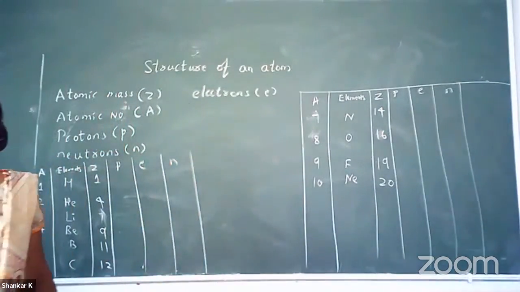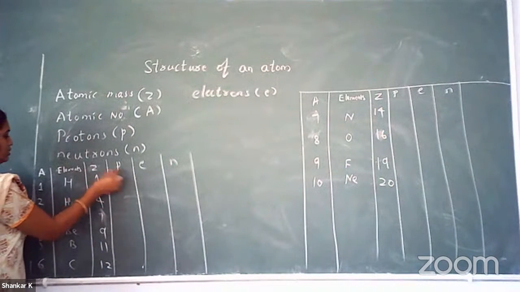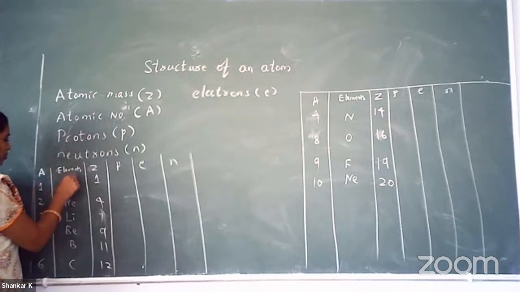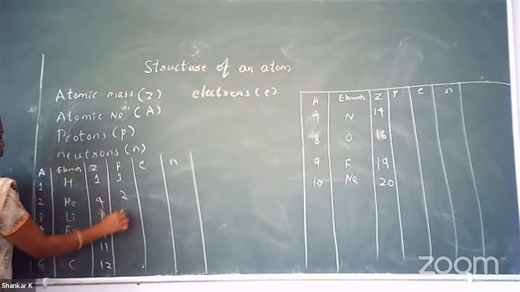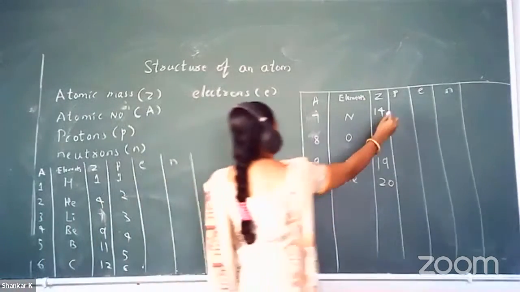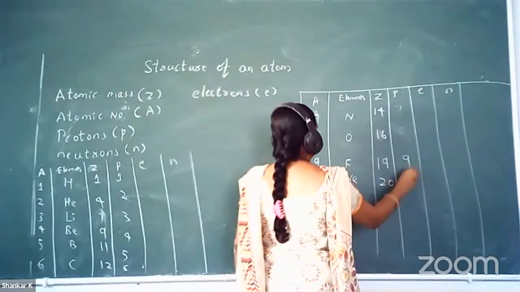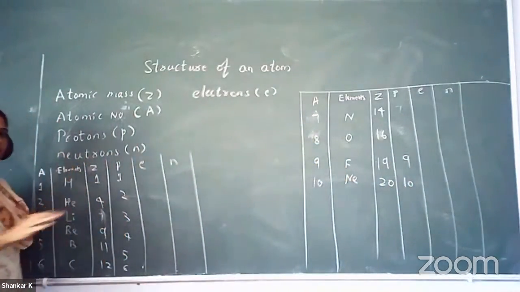Okay. Now, what about protons, students? Protons means however many the atomic number of the element is, that many only. Same, you have to write the atomic number only: 1, 2, 3, 4, 5, 6, 7, 8, 9, 10. And electrons are the same thing.